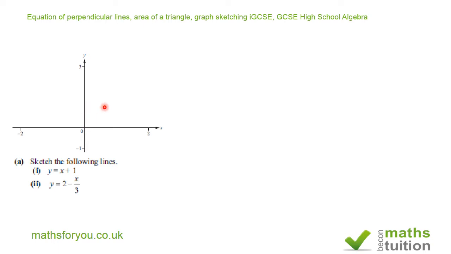So we expect our point to be about there. Similarly, on the x-axis where y is 0, x is minus 1. So we expect our point to be about there. And now we join both points to give us the line y is equal to x plus 1.